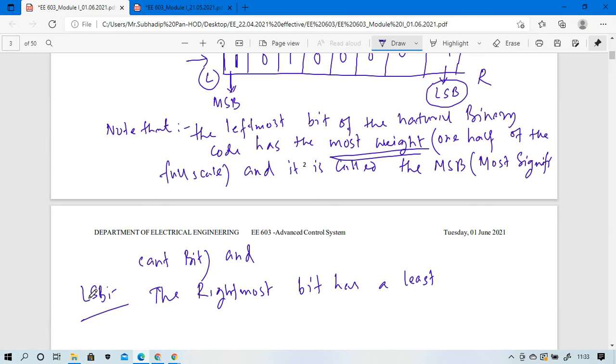And in the case of the LSB, the rightmost bit has the least weight.